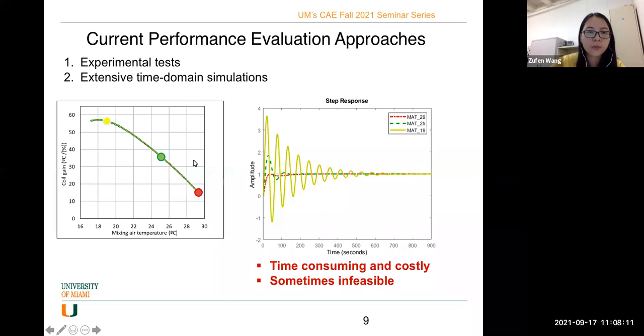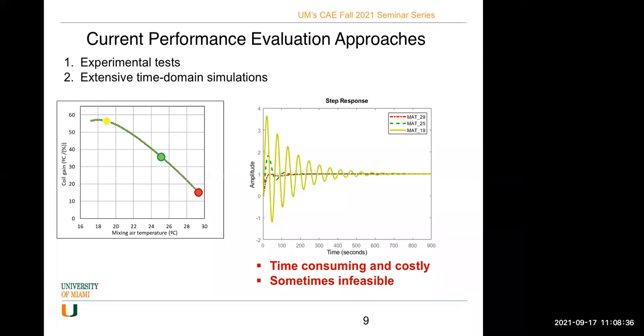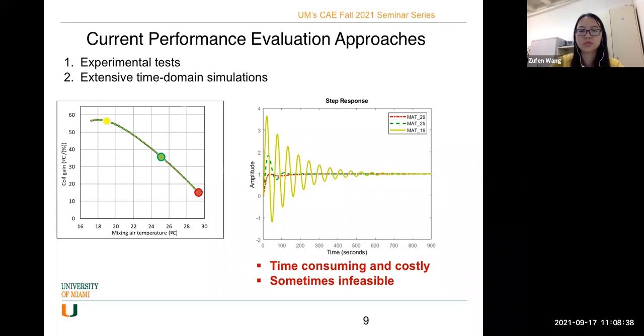For example, if we want to evaluate the control performance under variable mixing air temperature, then we have to do the time response simulation at each condition with different mixing air temperature. This type of approach is very time consuming and costly, and sometimes, especially for the test, is infeasible.